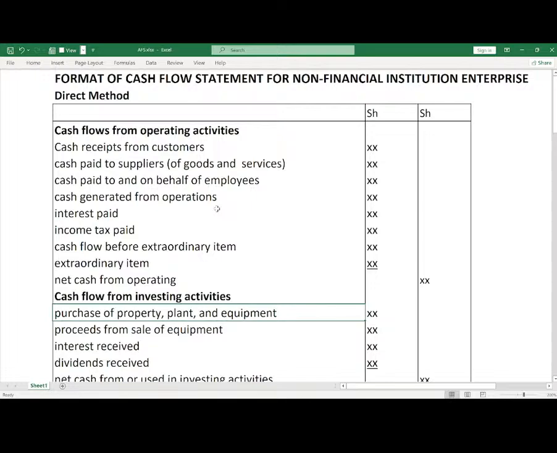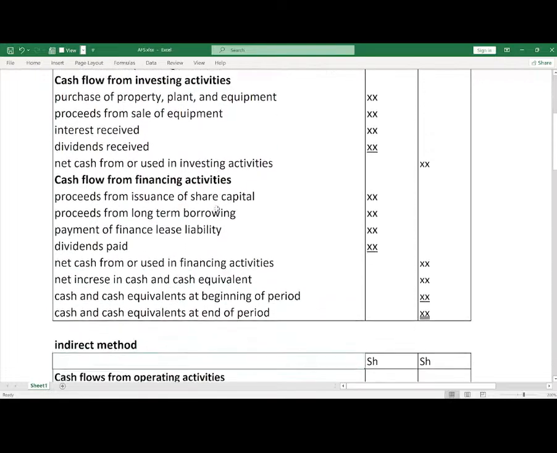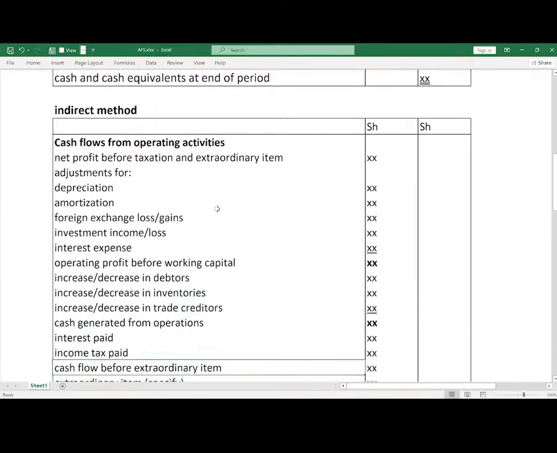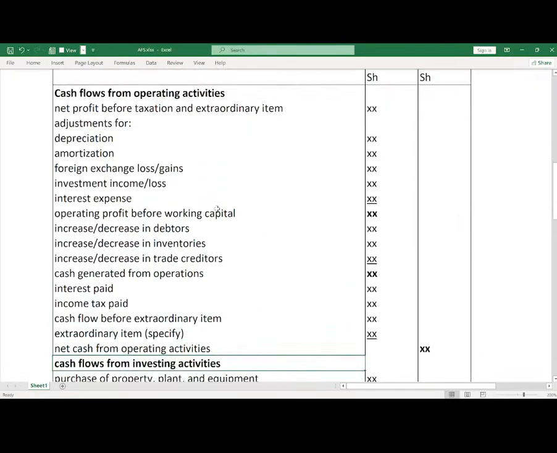So you should mostly learn this method, the indirect method, and especially this part, cash flow from operating activities, since it involves the adjustments and also the working capital. So you should take on that.